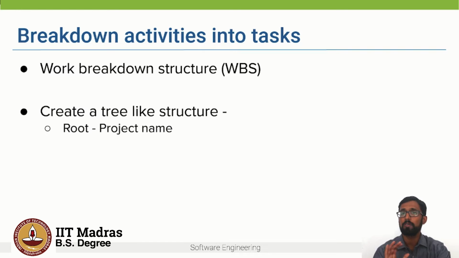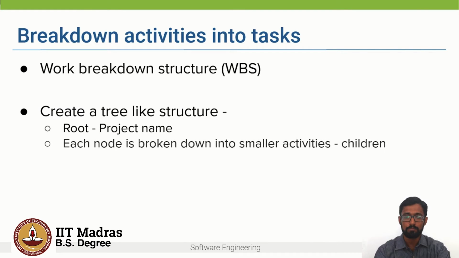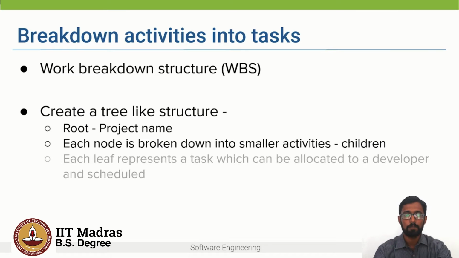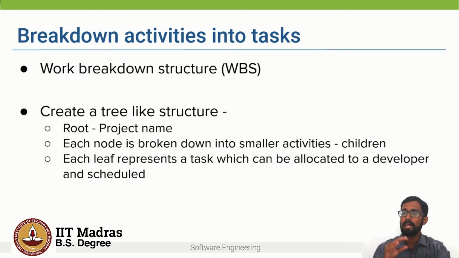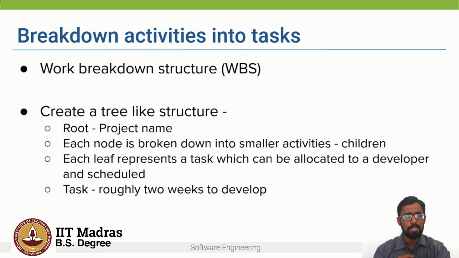So the root will have the project name and each node is broken down into smaller activities, which are the children of the node. And then finally you come down to the leaf, right? And each leaf represents a task which can be allocated to a developer and which can be scheduled. And each task takes roughly 2 weeks of development time.